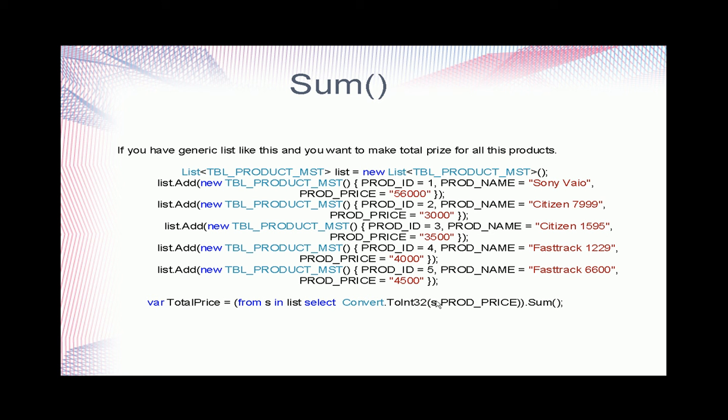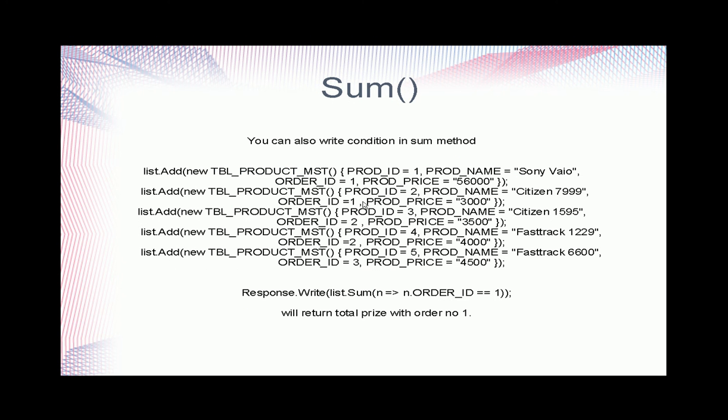If you have a string, then you should convert it to Int32, and then you can use any aggregate operator. Here I have used the Sum method. It will return the total product price of all these products.